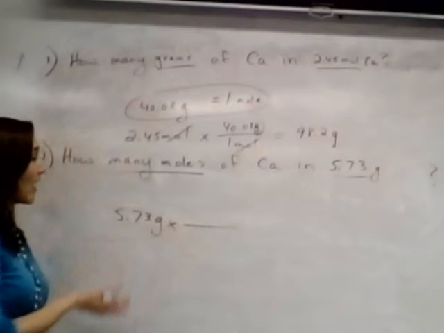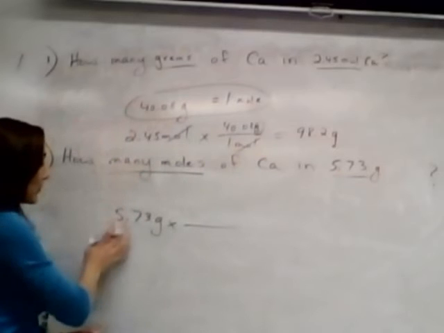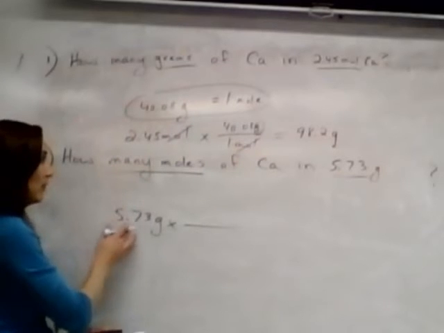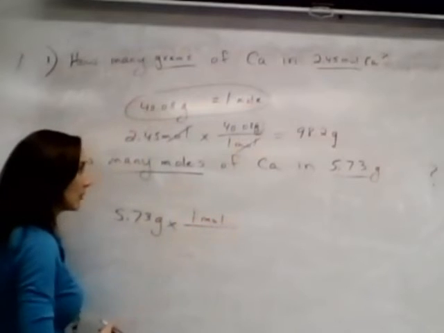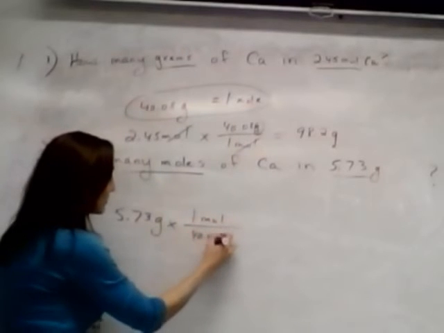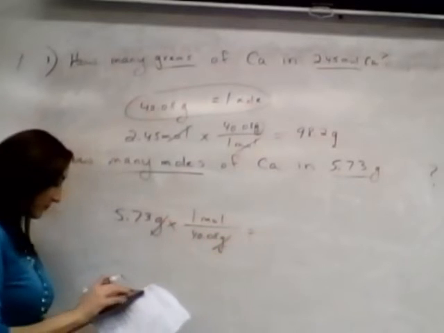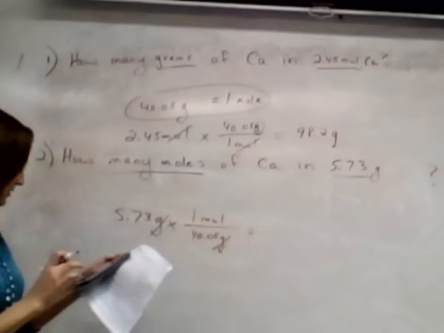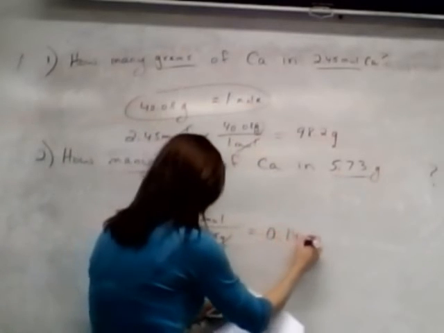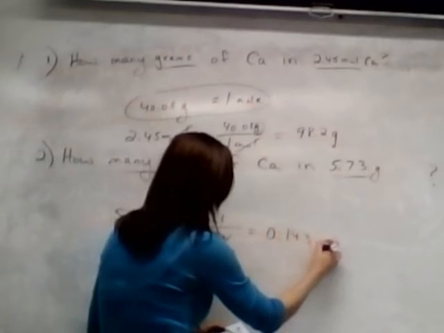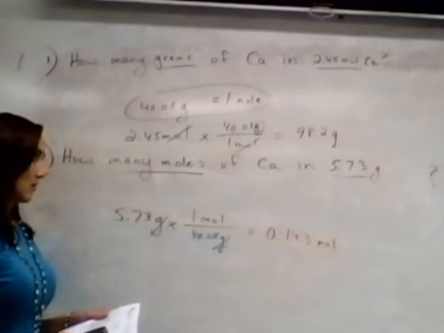If I'm doing the opposite conversion, so instead of going from moles to grams, like in the previous problem, I'm going from grams to moles, then my conversion factor is going to be flipped upside down because I want to end up with moles, so that unit is on the top. The 40.08 grams has that matching unit of my original number, so that goes on the bottom. So 5.73 divided by 40.08, and that gives me 0.143. And that is the moles of calcium. So there you go.